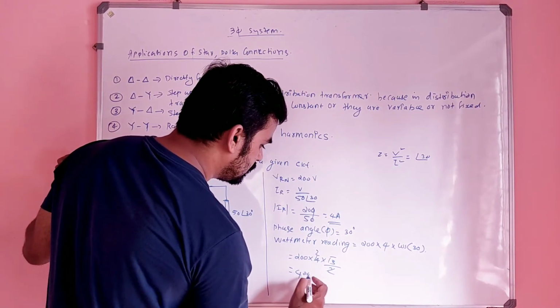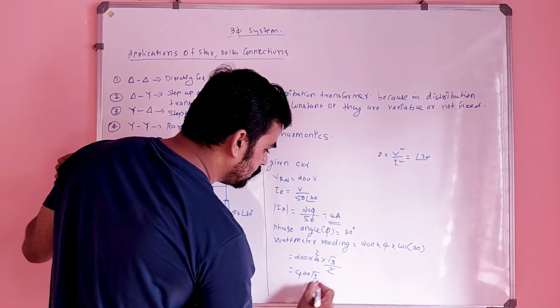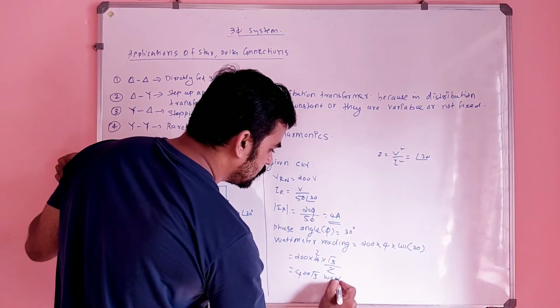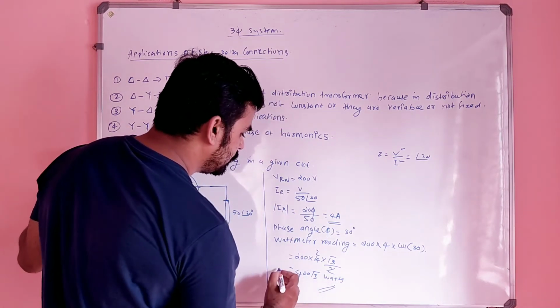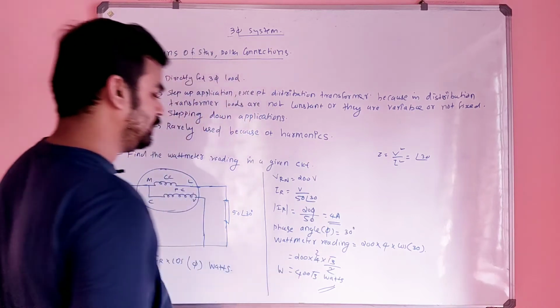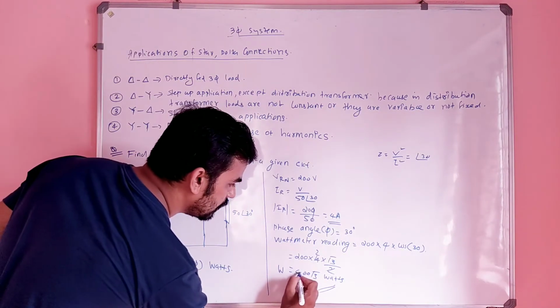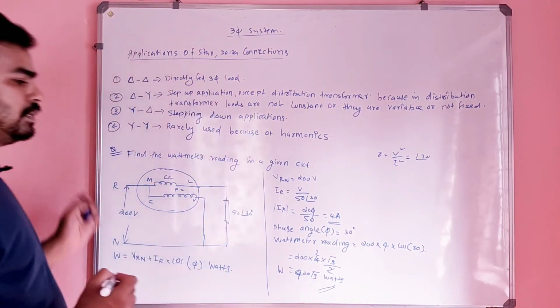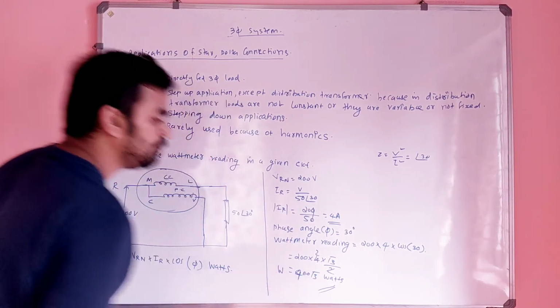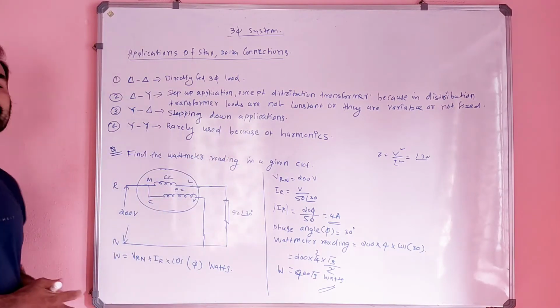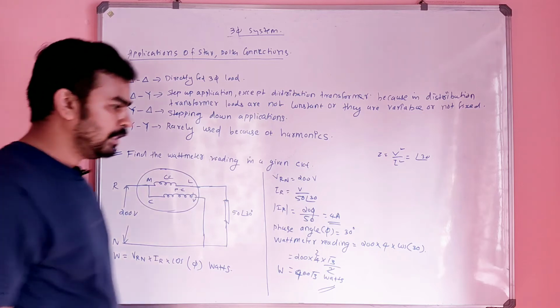That gives 400 root 3 watts. That is the wattmeter reading. Is it clear?